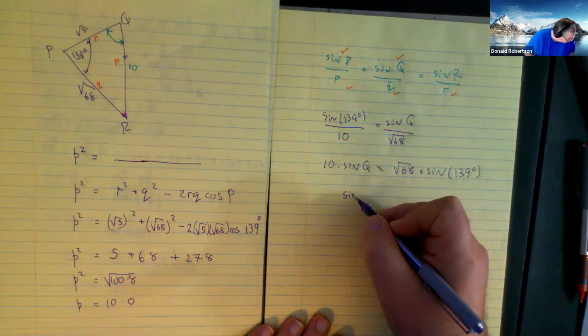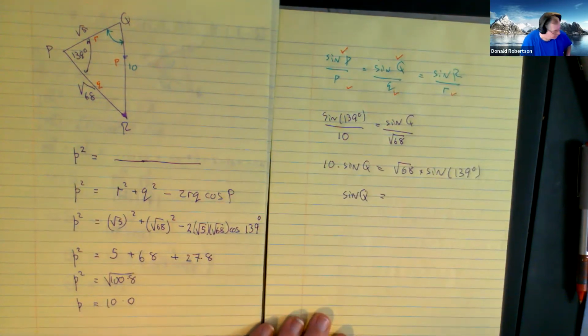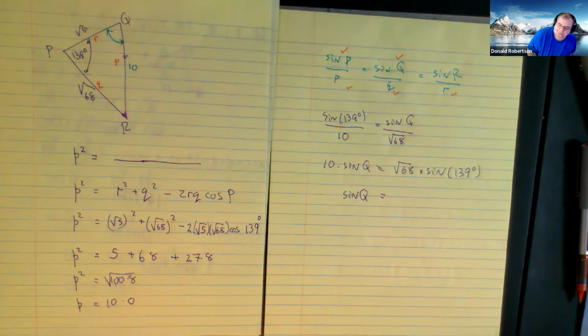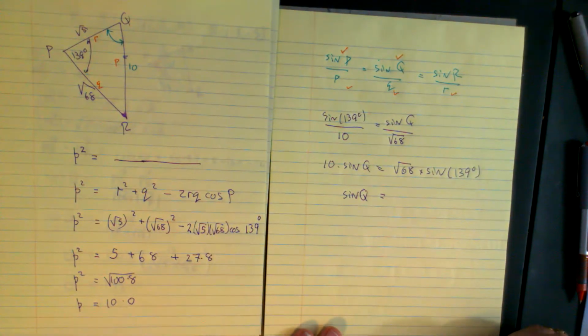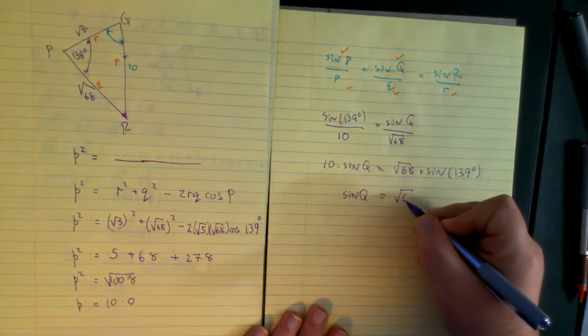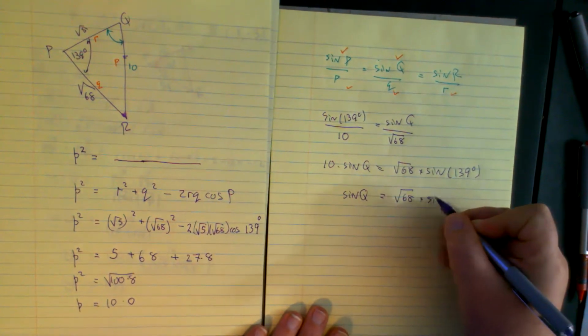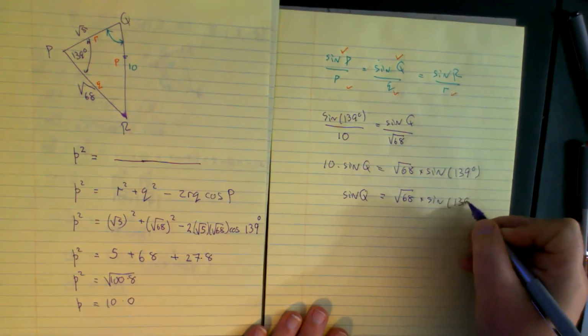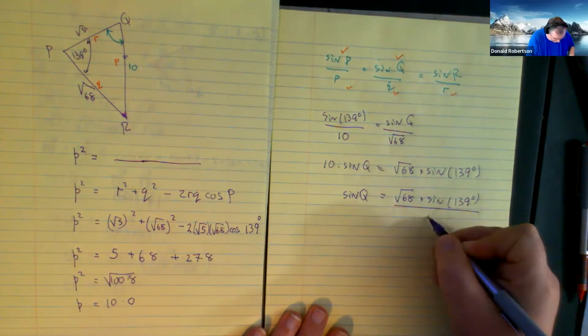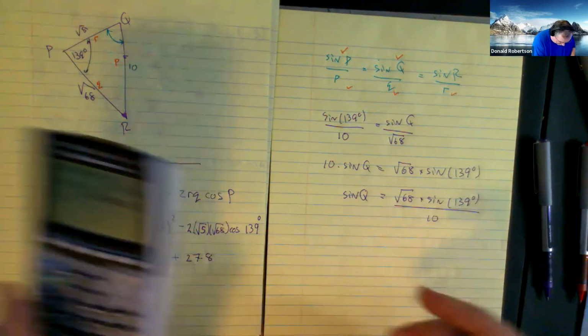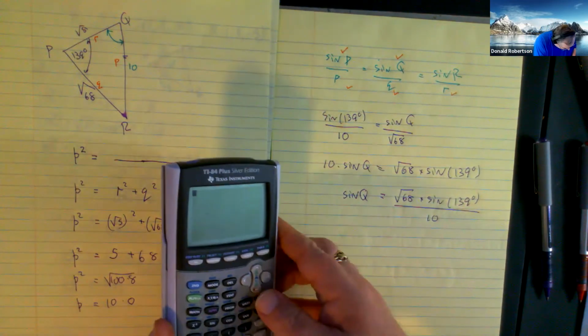What will I do to both sides to find the sine of Q? Divide by 10. Okay. I'm going to figure out what that is as a decimal. It's getting too ugly to keep together.